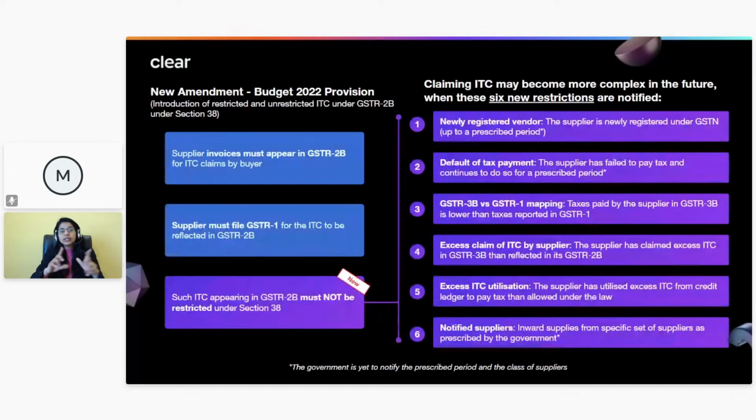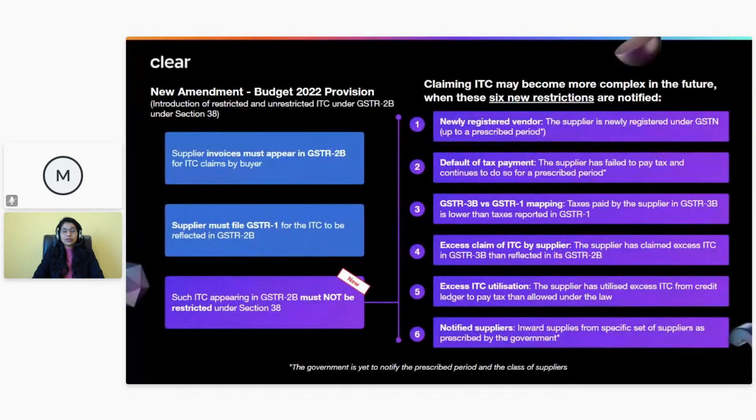So the government came up with Rule 86B, and it says, hey, wait, you cannot utilize 100% of your ITC. You have to pay 1% of the taxes in the form of cash. In such cases, if Rule 86B was applicable to this vendor and they are not paying 1% of the liability in the form of cash, then they become non-compliant. And if they become non-compliant, then you as a recipient cannot claim the ITC.